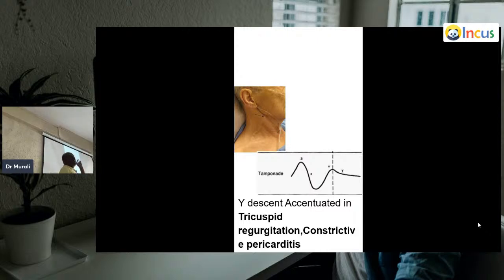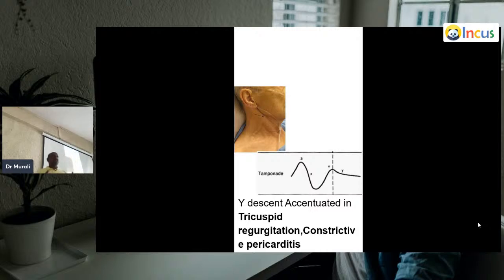Atria got filled from the great veins, and also during that time regurgitant blood came from ventricle into atria. So atria has more blood. So next time when the tricuspid valve opens and blood is leaving, the start of the fall is happening from a higher point.